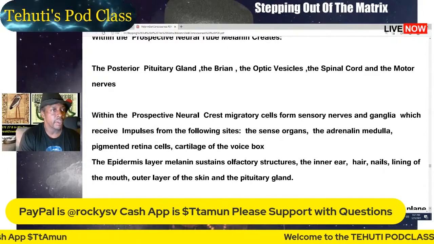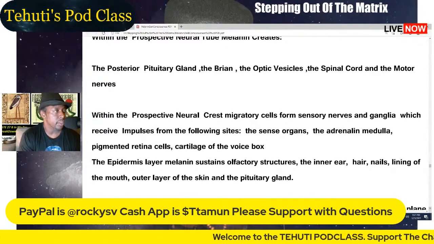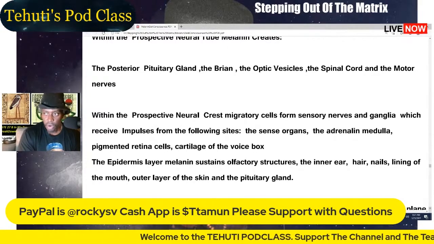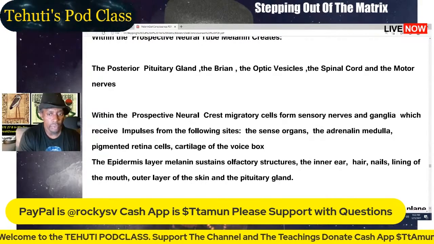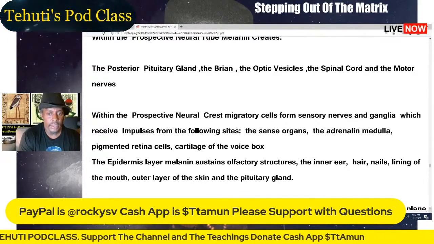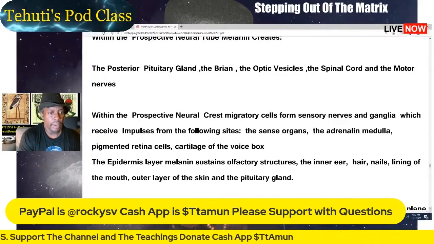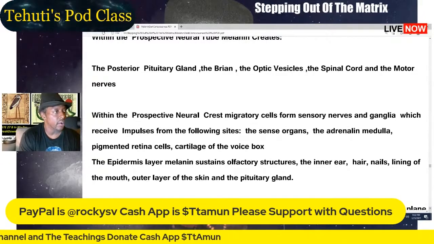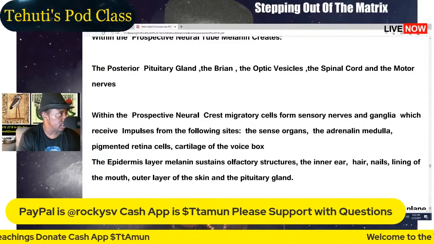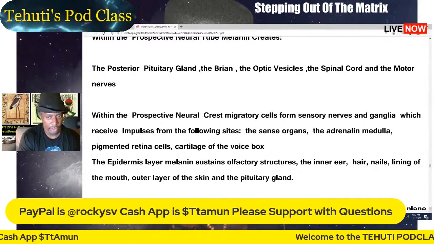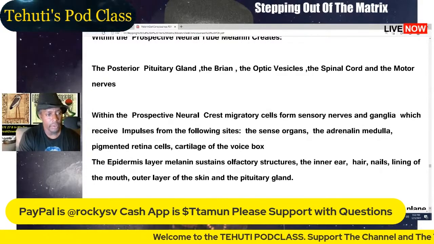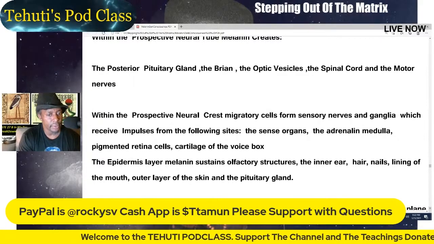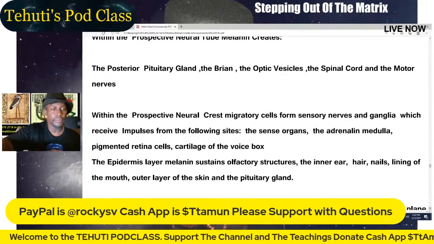So people think that melanin, because really melanocyte cells are just responsible for the color of your hair. No. Those are the melanocyte cells, yes. Melanin is responsible for you having hair in the first place. You don't have hair without melanin. Imagine living your life without nails, without the lining of the mouth and the pituitary gland.